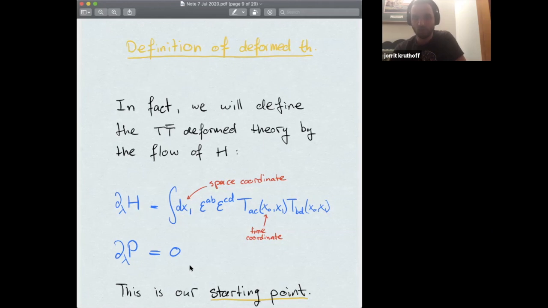That's really the only thing that we know about the deformed spectrum, and so I can motivate my definition of the deformed theory in that way by the flow of the Hamiltonian. And this is completely consistent, at least classically. On the quantum level, there could be differences, but I'm going to take this as my starting point and compute the flow of states using this.